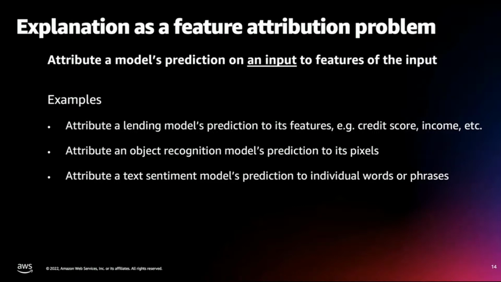In the computer vision case, these are pixels. We'll actually see how to do this and not just look at the individual pixels. But in the case of natural language processing, it's words and phrases and sentences. So in general, whatever modality we're dealing with, that attribution is going to come out in terms of the features that go in.